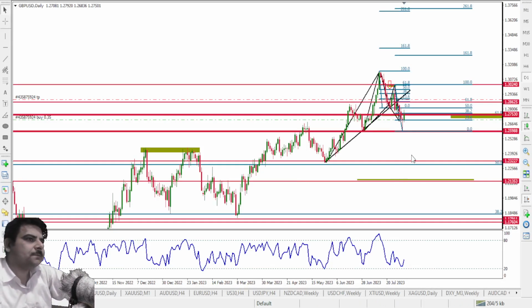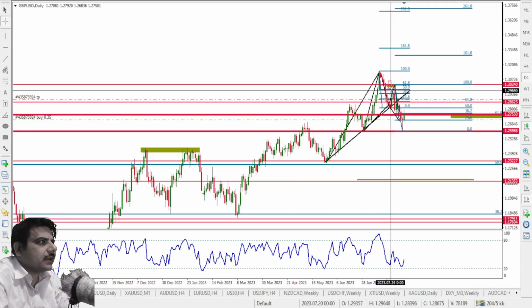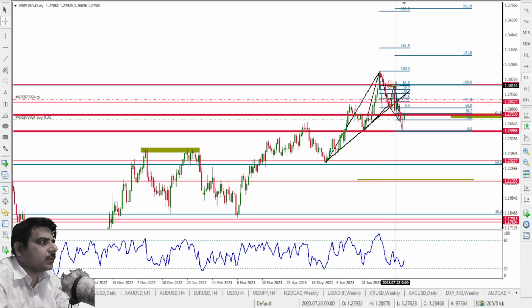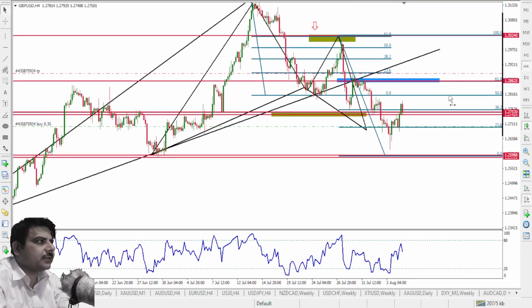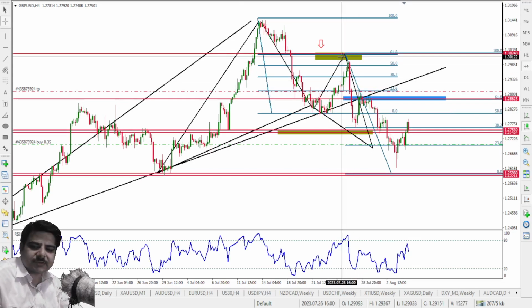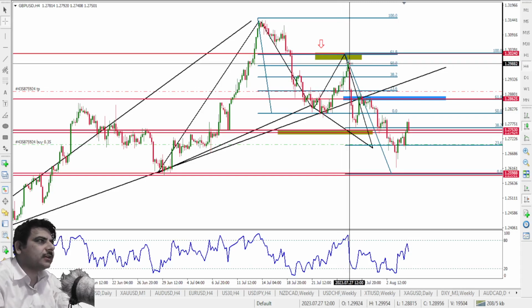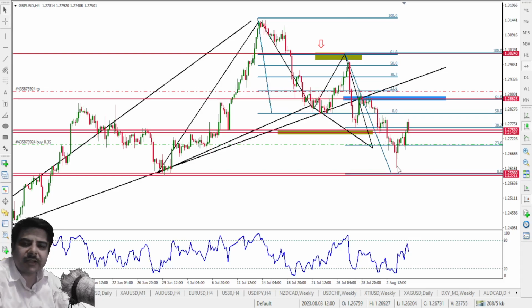If I see the previous plan I have, right here is all the way from 1.30144 sell, and then from right here if I zoom in or switch to the H4, this pattern and this pattern, I clearly discussed in my previous videos, and if we count the number of pips, it will be almost around 378 pips of profit.